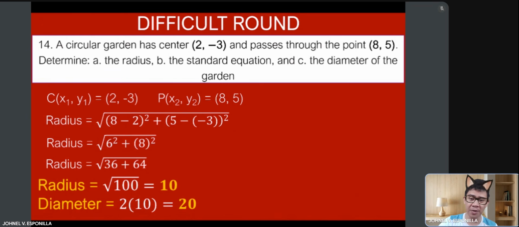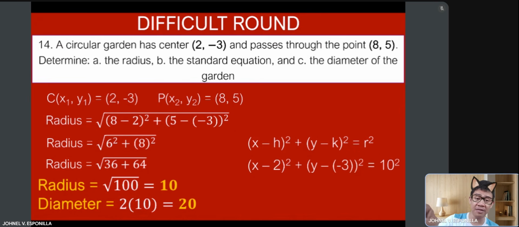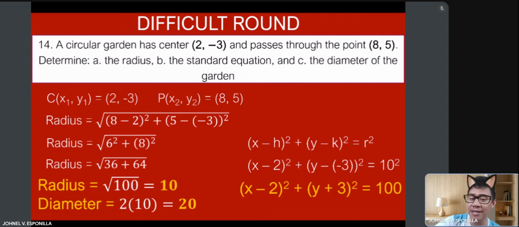So the answer for A is 10 and the answer for C is 20. For the standard equation, h is 2 from the center. Look at the center, that is your h, k. Our k is -3 and r is equal to 10. Let's simplify, and this is the standard equation of the circle.